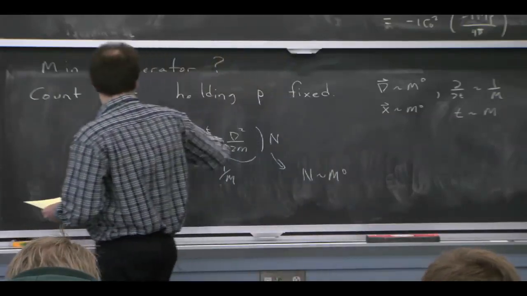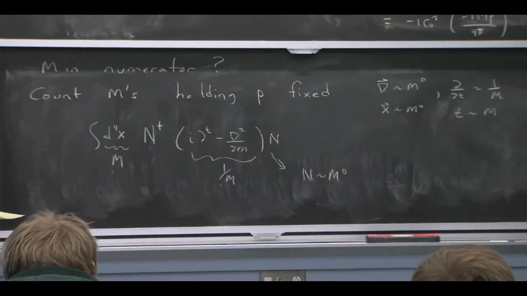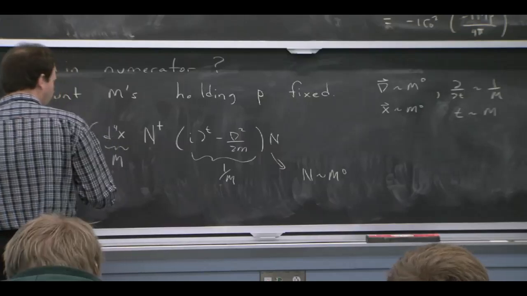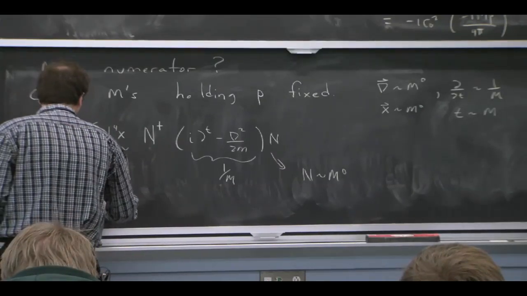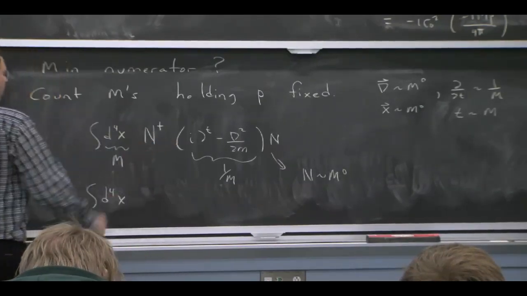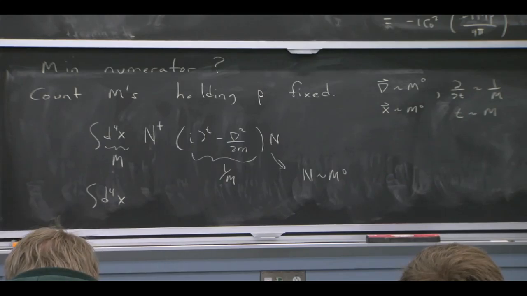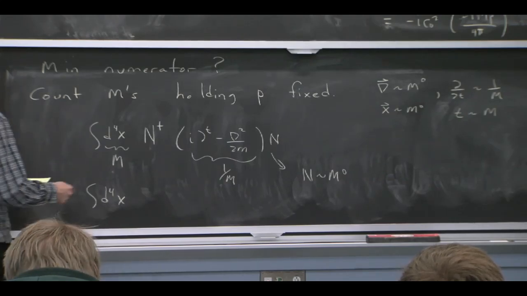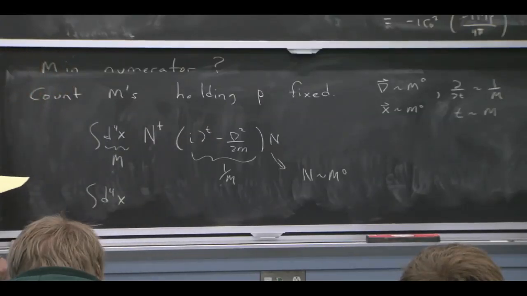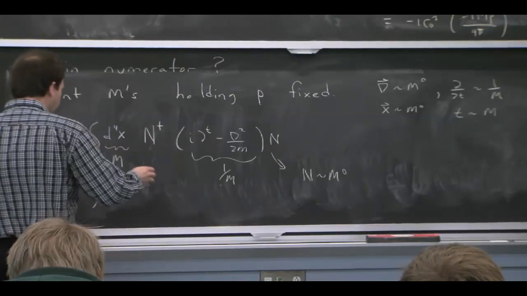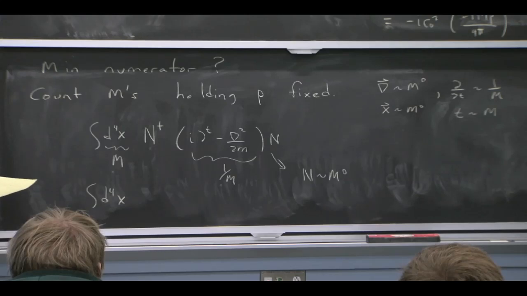So then, once you've done the kinetic term to figure out the scaling of the nucleon field, you can then do any other interaction. So the power counting of the kinetic term is always what determines the power counting of the field. That's true in any theory, any effective theory, because that's basically the basis of the fluctuations you're describing by that field.